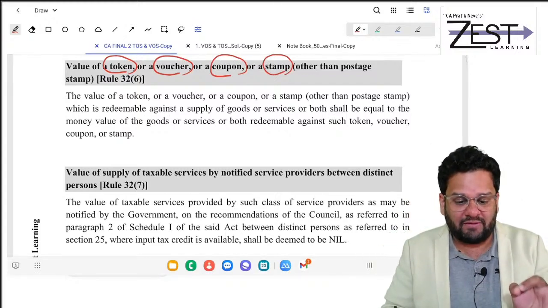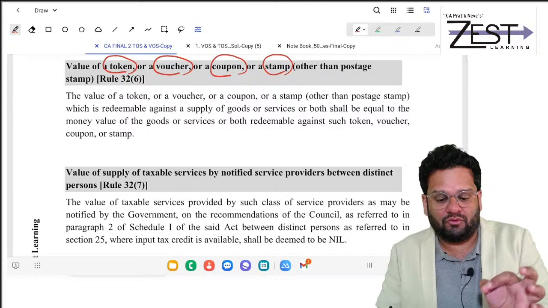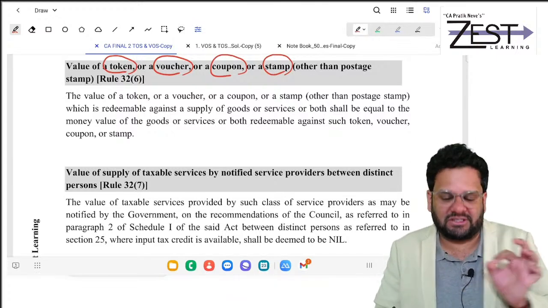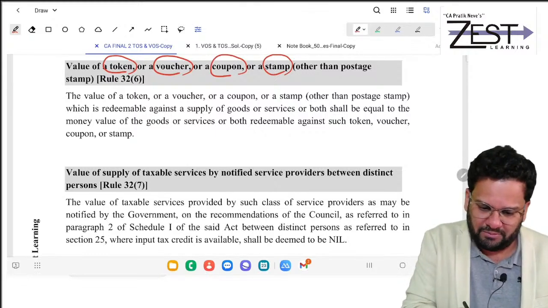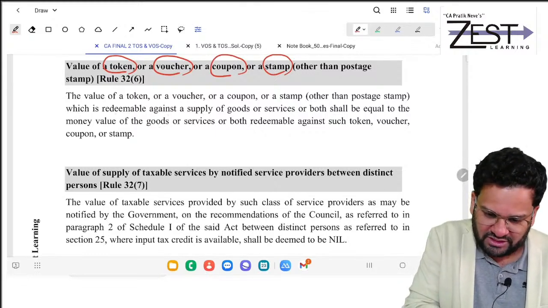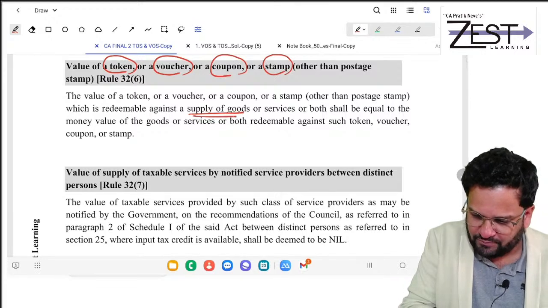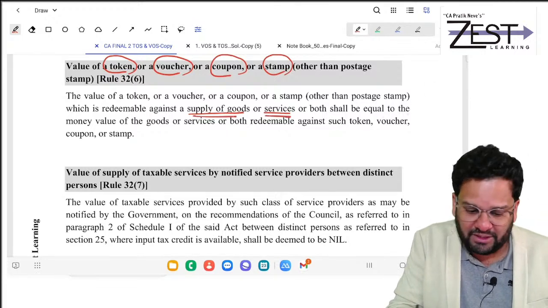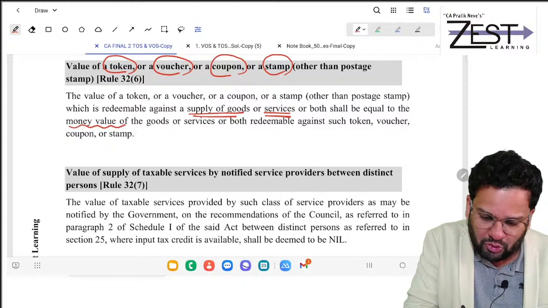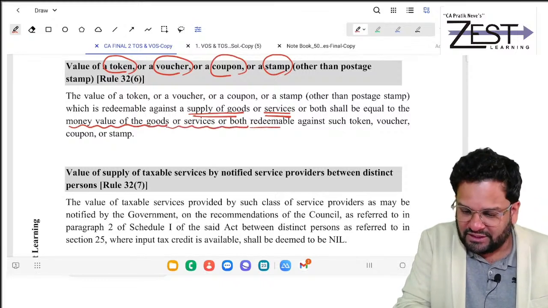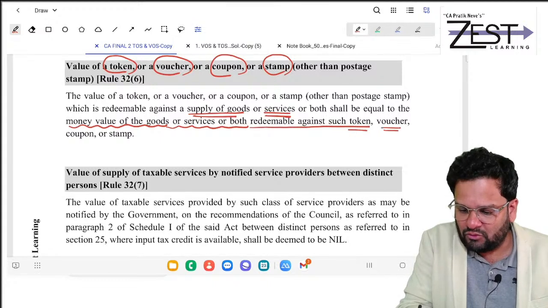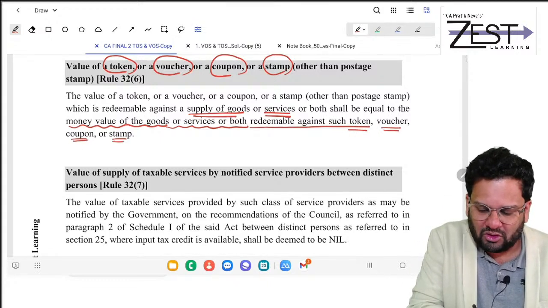What will be the value of that token, voucher, coupon or stamp? The value of the token, which is redeemable against supply of goods or supply of service or both, shall be equal to the money value of goods or services or both redeemable against such token, voucher, coupon or stamp.